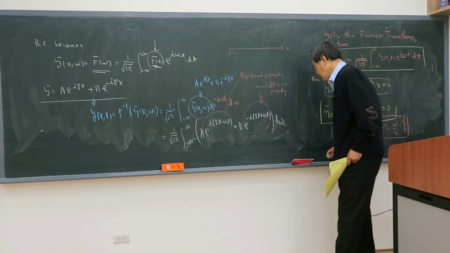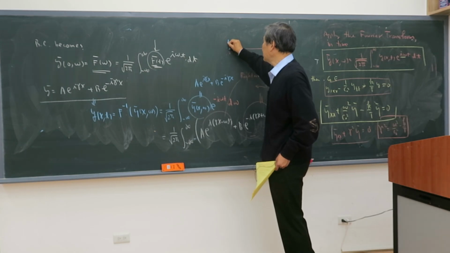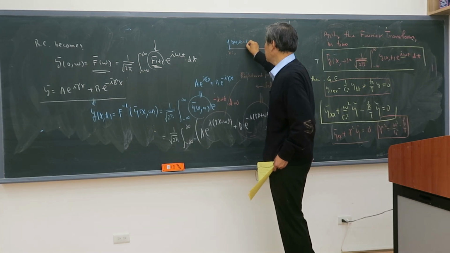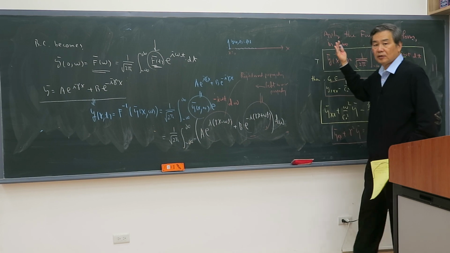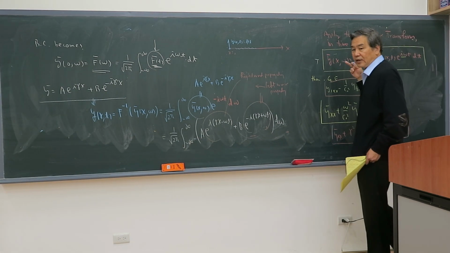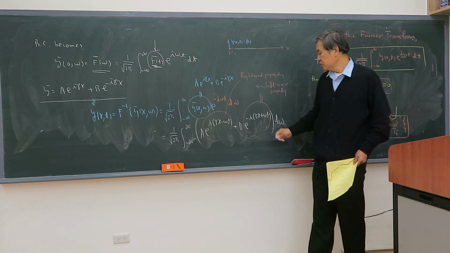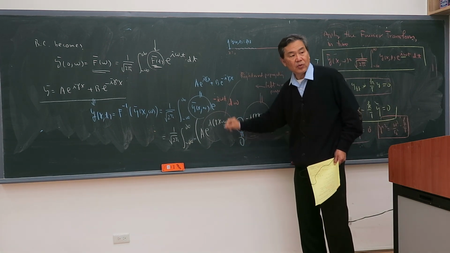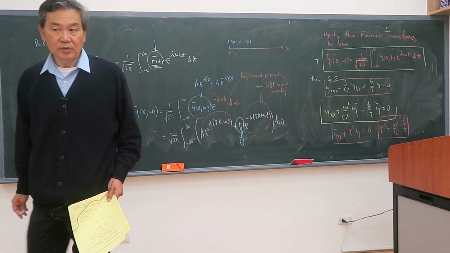Okay. So for this problem, if my boundary condition is y(0,t) equal to f(t), and all the signals are supposed to propagate to the right, do we have any solution in that direction? No. So this B has to be enforced to be 0.